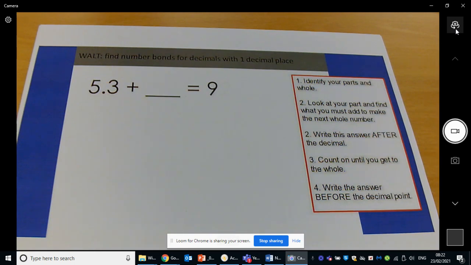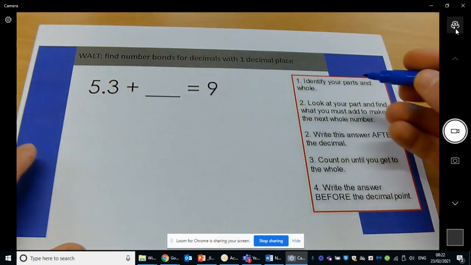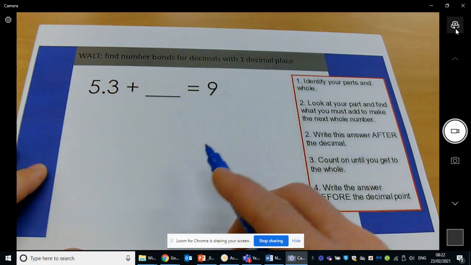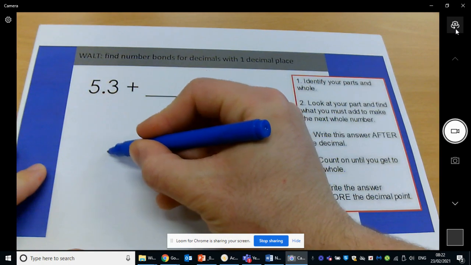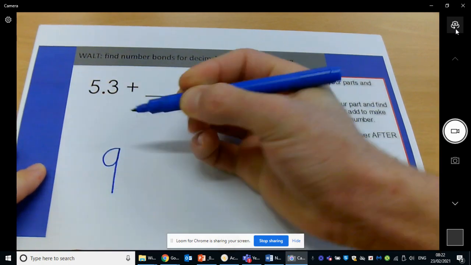So the first thing we've got to do is identify your parts and your whole. I'm going to do this in exactly the same way as was already drawn for us on the sheet. So our whole, I can see, is going to be 9, because that's the number after the equal sign.